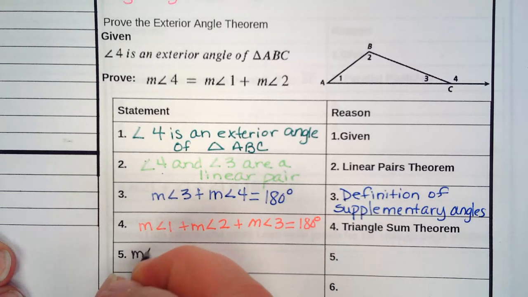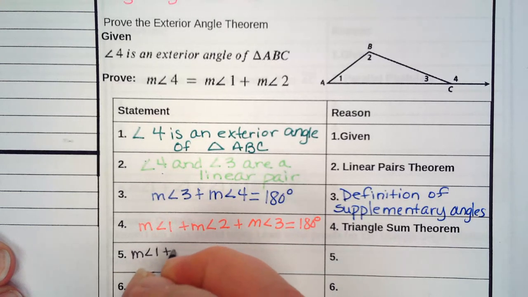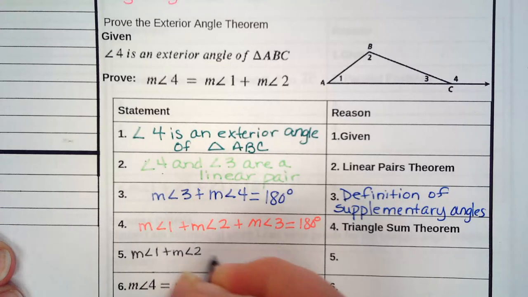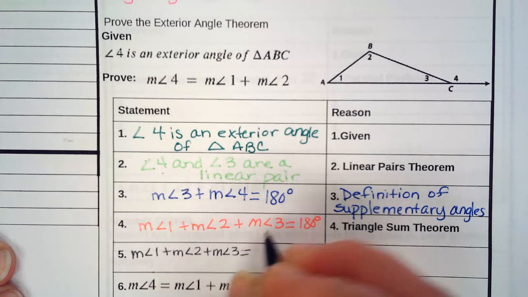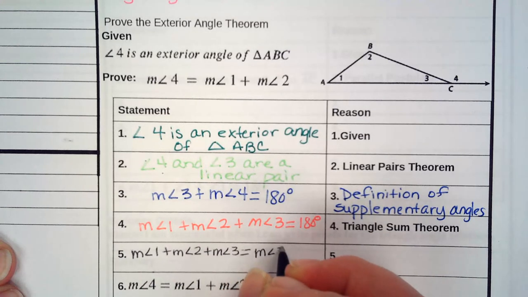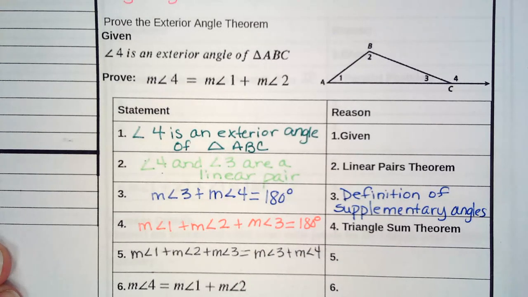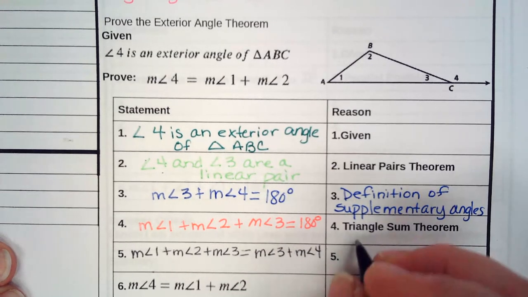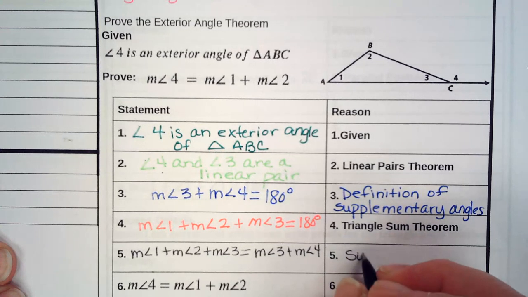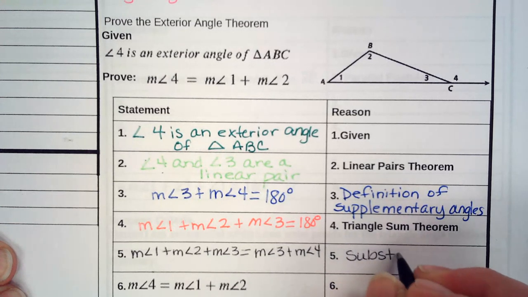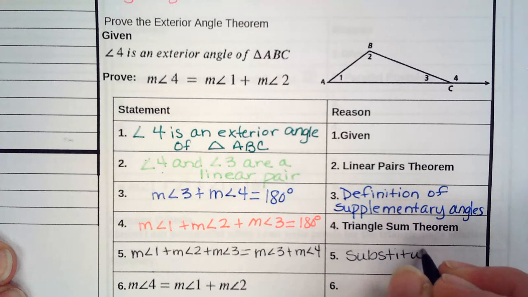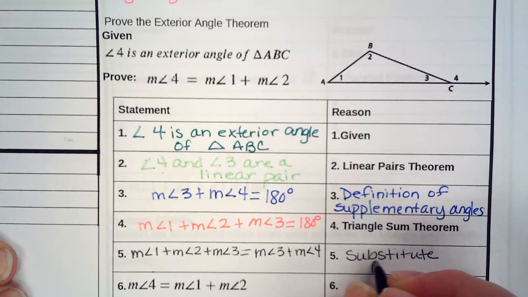So the measure of angle 1 plus the measure of angle 2 plus the measure of angle 3 is equal to the measure of angle 3 plus the measure of angle 4. All I did was substitute. Property of equality.